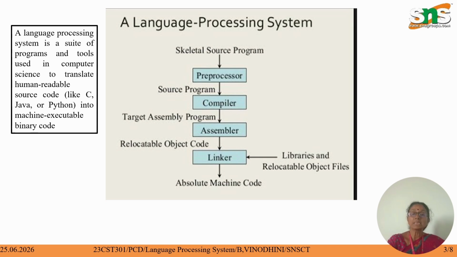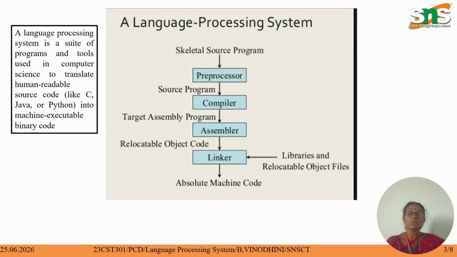The next translator gets the pre-processed high-level language program from the preprocessor and produces the assembly level language program as an output. That translator's name is compiler. So the compiler is the second translator that gets the pre-processed program and produces the assembly level language program as an output.